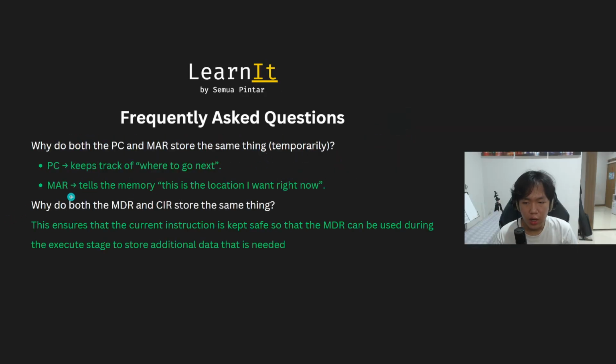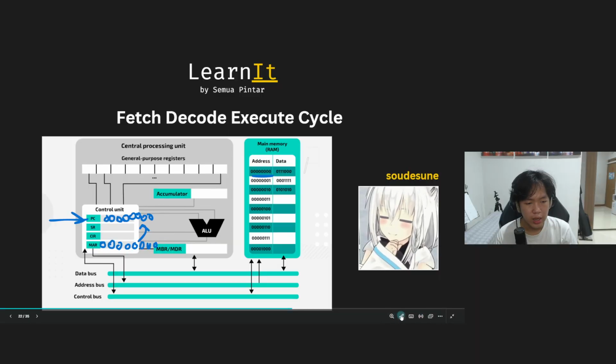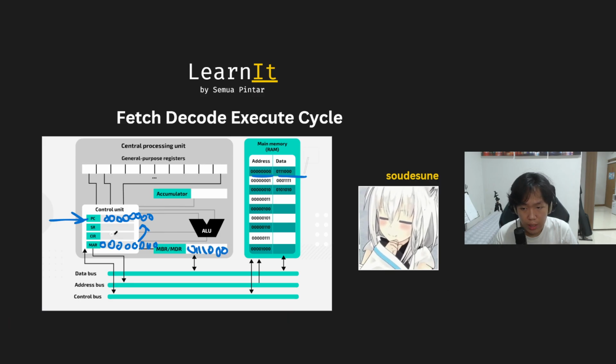Second of all, why do both the MDR and CIR store the same thing? Again, if you notice, after we obtain the data, so let's say this one, the MDR stores 0111000, and the CIR also stores 0111000. Why is that?